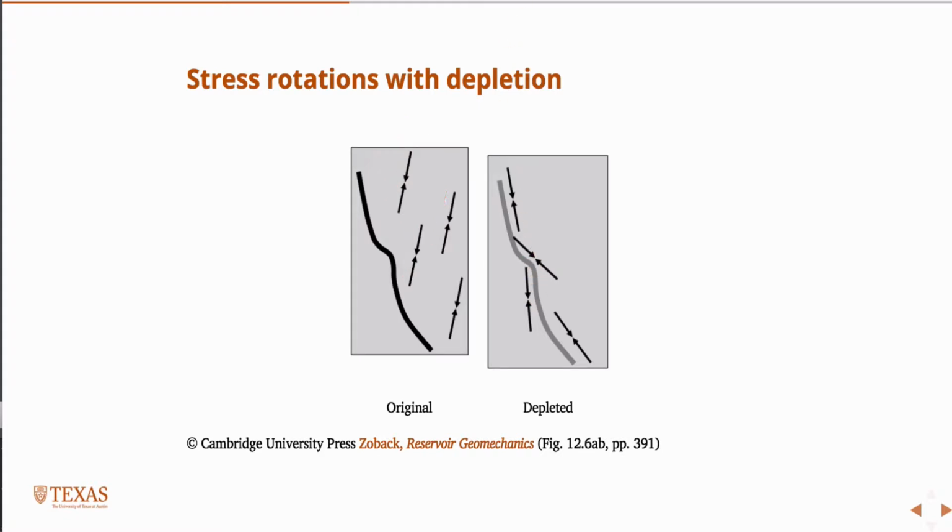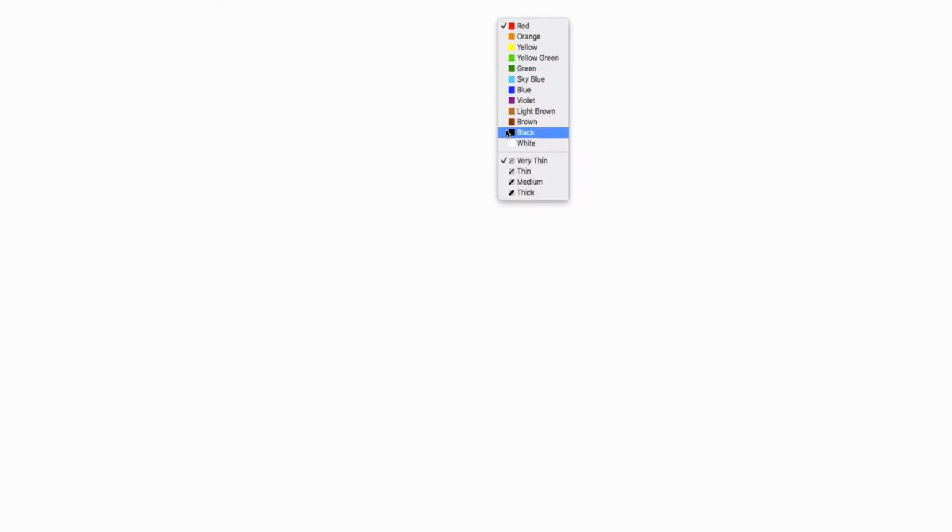And so if we have a little representational cube with some far field stresses applied to it, like so, of course, it's in equilibrium, right? And if there's a sealing fault traveling through the middle of it, and say we have a well over here, and we're going to deplete that well along some stress path.